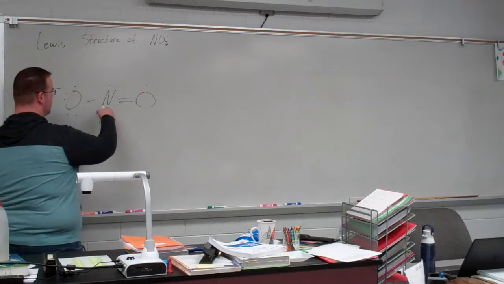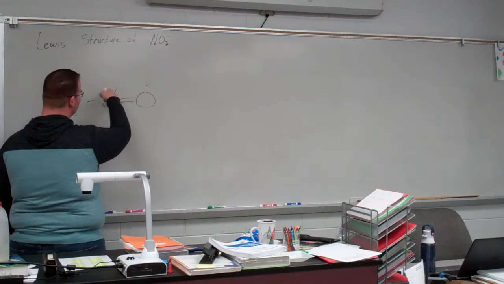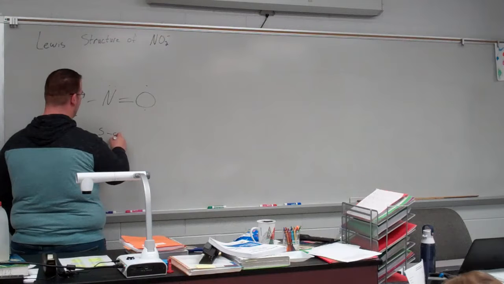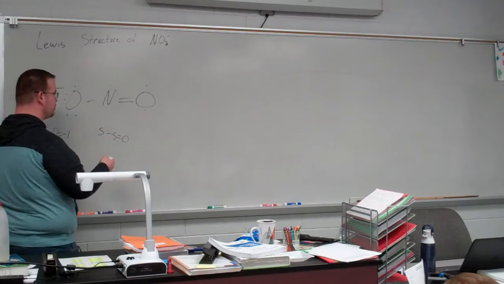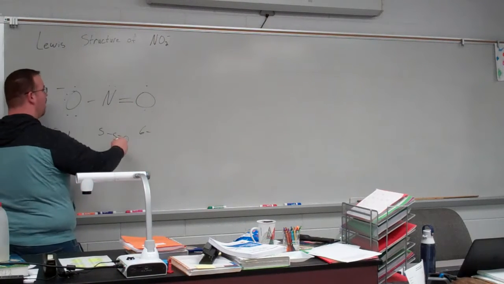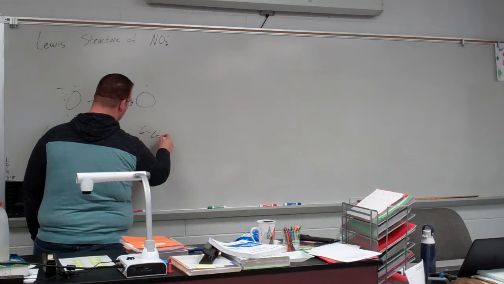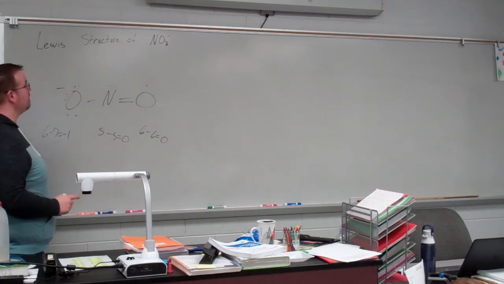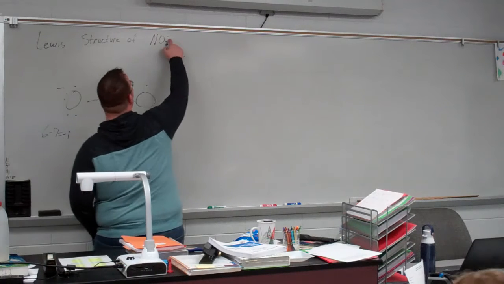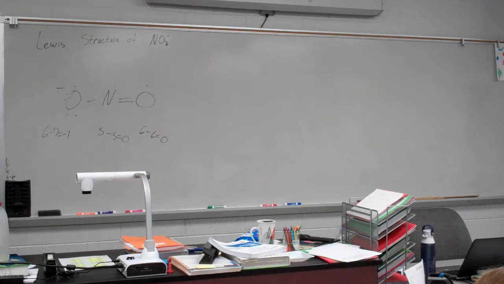And then this nitrogen normally had 5. Split the bonds. 1, 2, 3, 4, 5. Showing 5, so 0, it's neutral. And then this oxygen normally has 6. Split the bonds. 1, 2, 3, 4, 5, 6. So it also is neutral, which is good because we have a negative overall charge, which means all the charges from the atoms should add up to equal that.